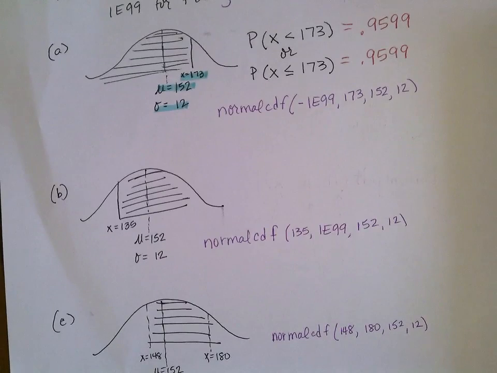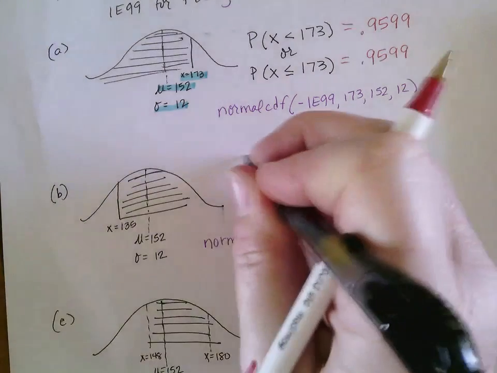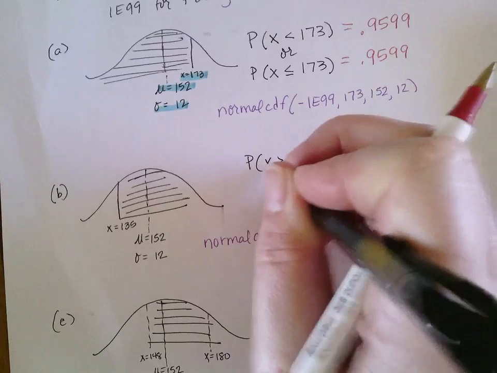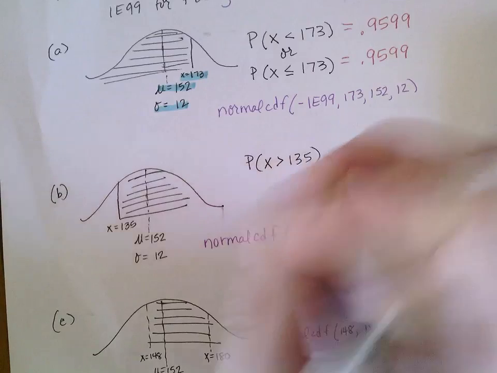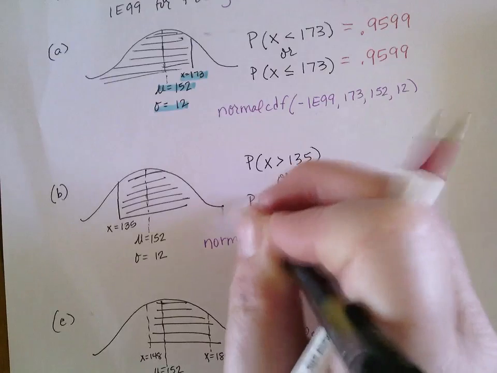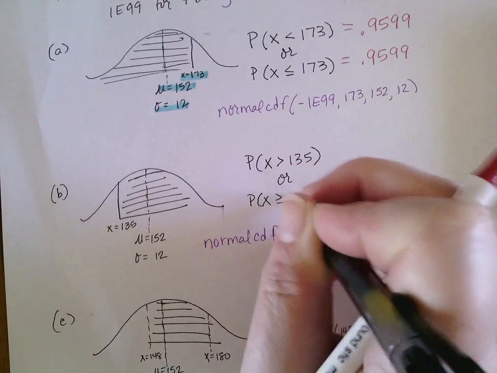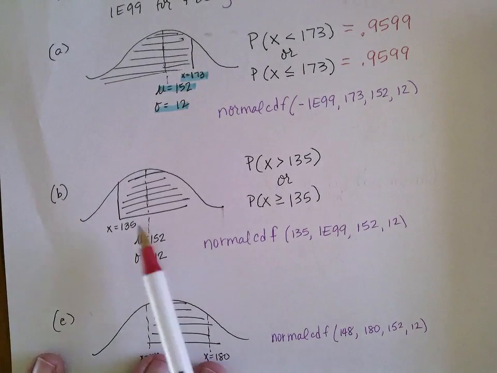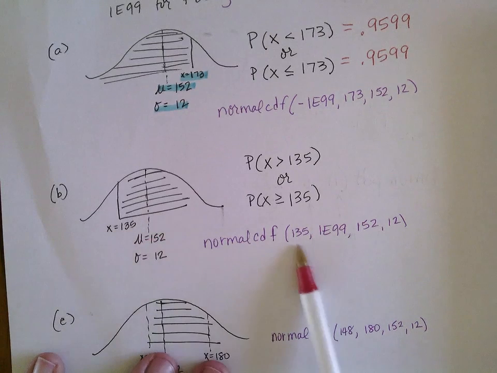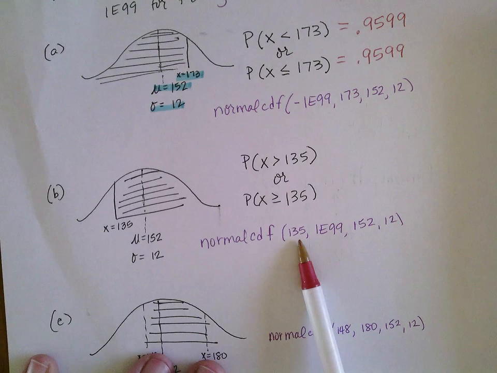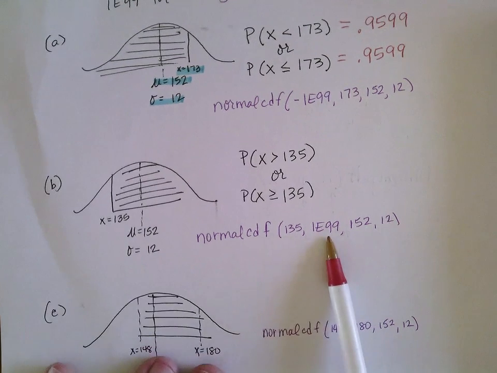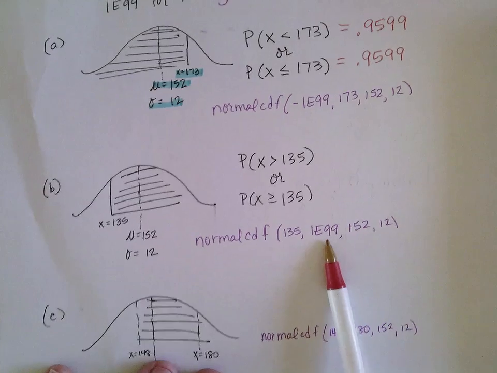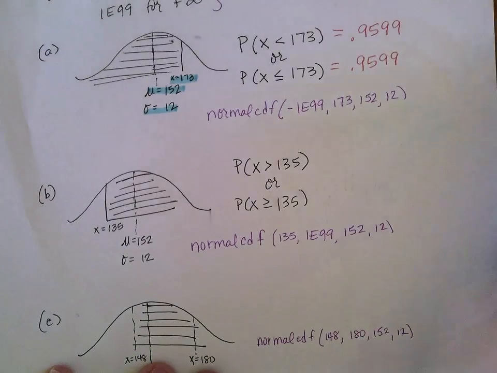So now the second one, notice this time I'm looking at the probability of an individual being greater than 135, or it could even be greater than or equal to 135. So now my bounds have changed. This time, again, I've shaded now to the right, so my lower bound is the 135, my upper bound is positive infinity, and then my mean and standard deviation haven't changed.